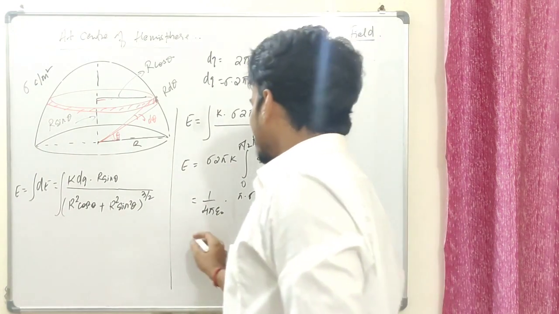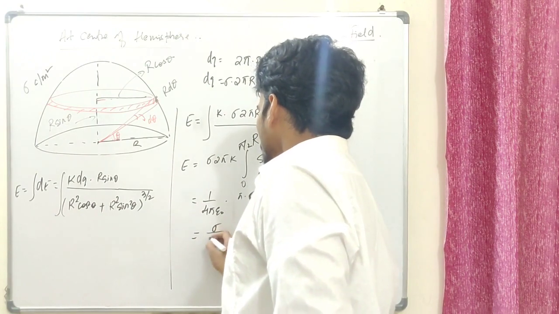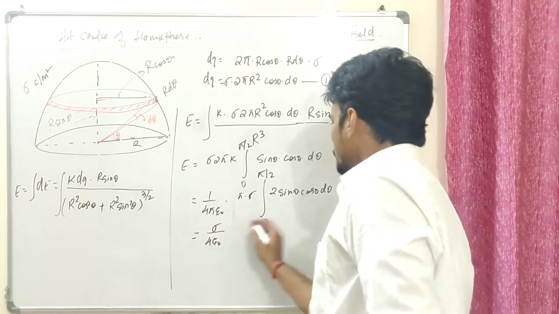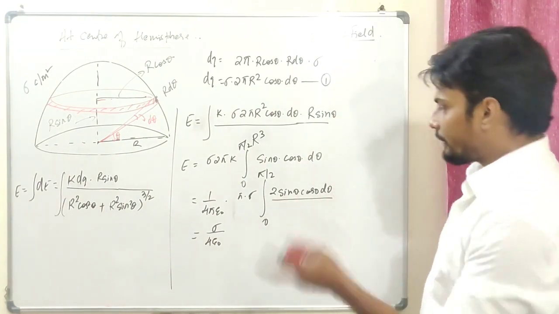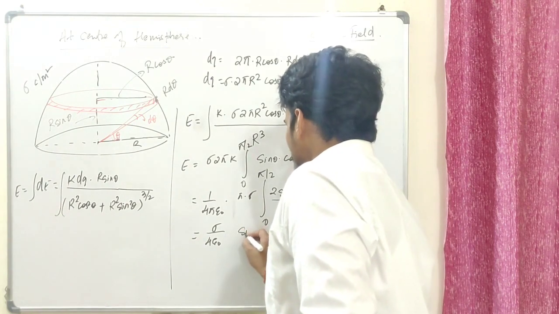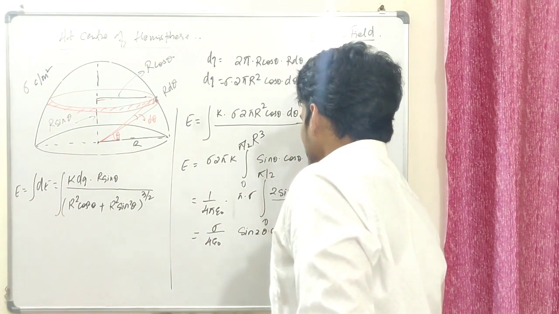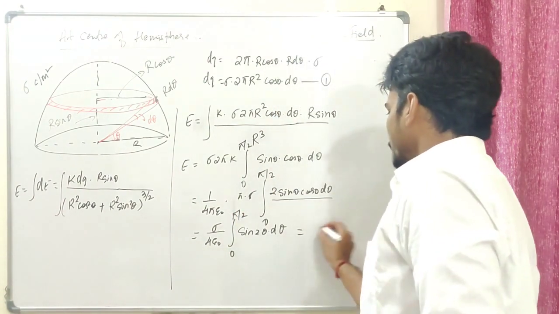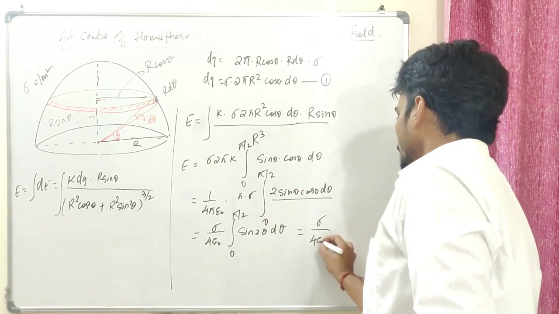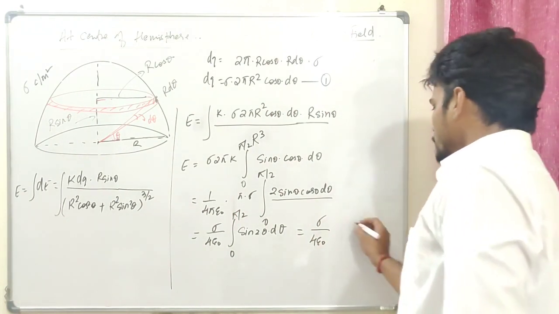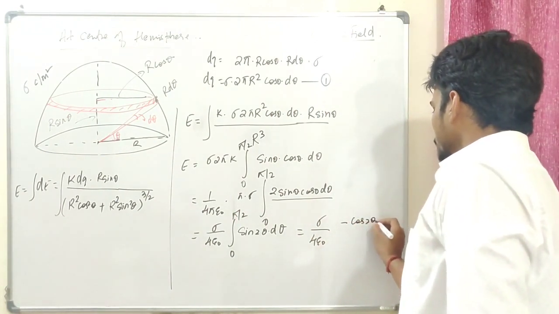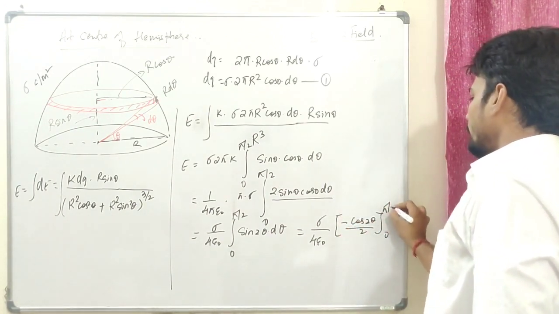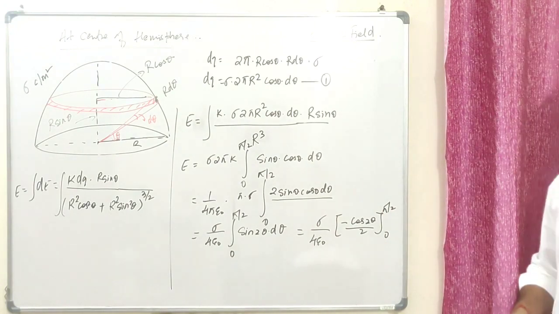I'm going to have sigma over 4 epsilon naught, and this is going to be sin 2 theta. So I'm going to have sin 2 theta inside, d theta integration 0 to pi by 2, which eventually turns out to be sigma by 4 epsilon naught, sin 2 theta integration, that's going to be minus cos 2 theta over 2, limit 0 to pi by 2. I'm sure you guys are okay with this.